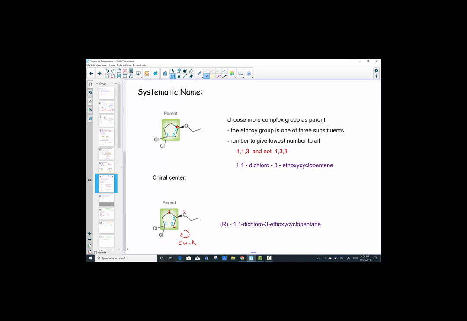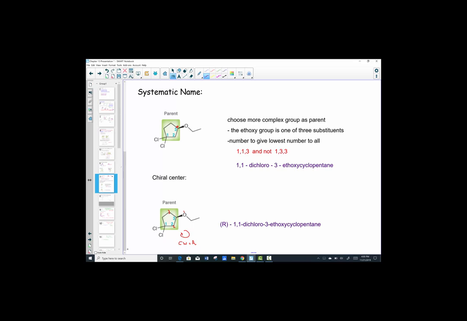And that's how we decided that the carbon with 2 chlorines had to be carbon 1. When we named that 1,1-dichloro-3-ethoxycyclopentane. And the last thing we did was to consider the chirality and work through it together, noticing it was a clockwise spin. So the R configuration: (R)-1,1-dichloro-3-ethoxycyclopentane.